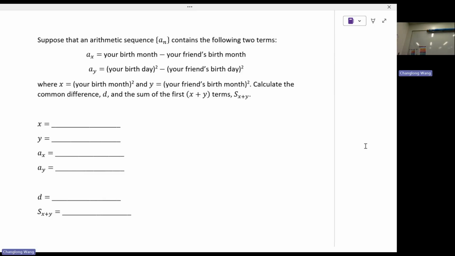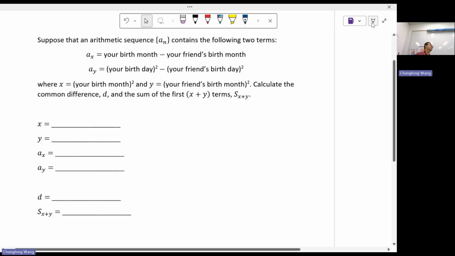All right. Go ahead. Now those x and y are the index, right, to track which term you're looking at. Just to make sure that you understand what I'm asking for, any volunteer for the month and the date to share with us?